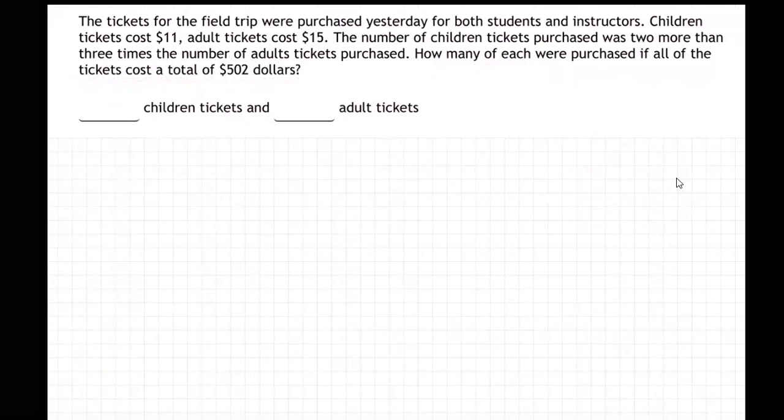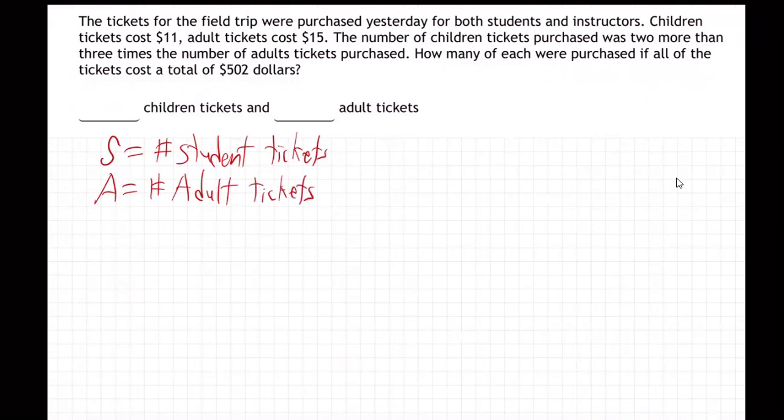Okay, so we've got a couple of variables here. Let's let S be the number of student tickets, and A be the number of adult tickets.